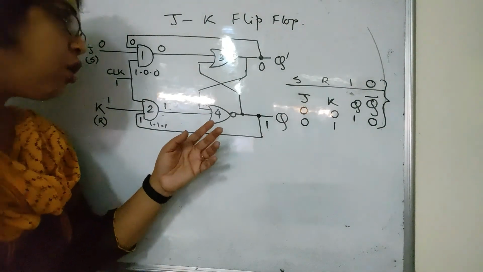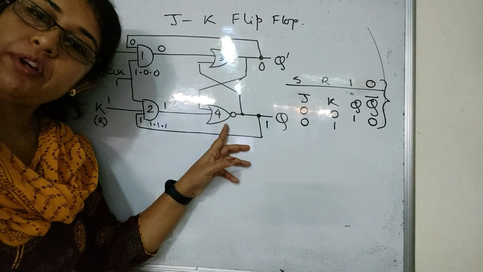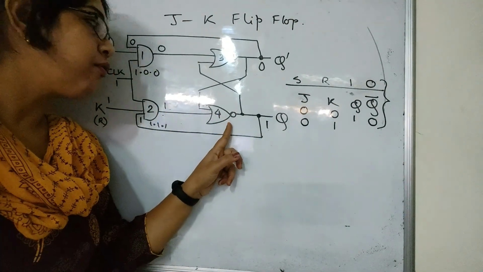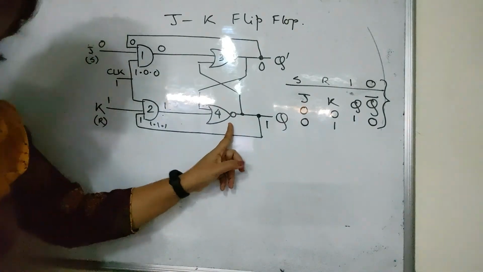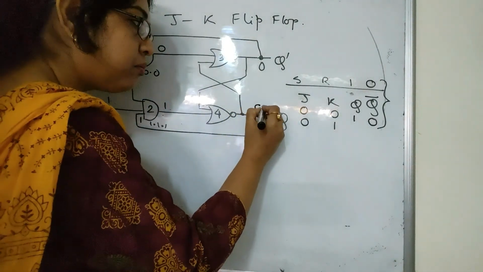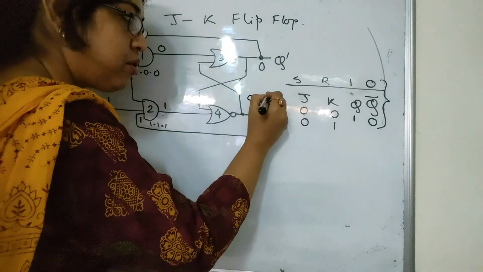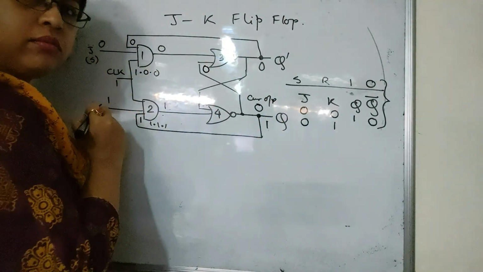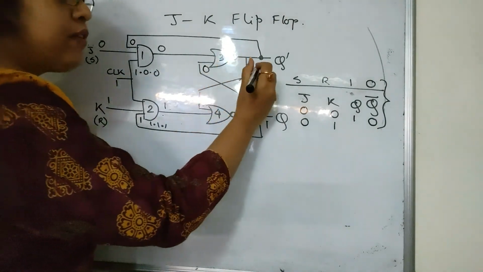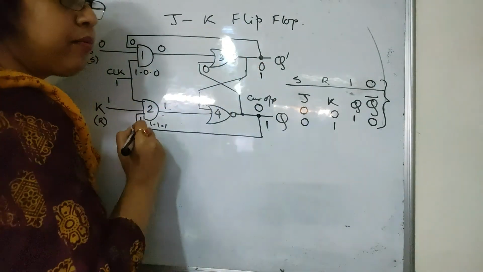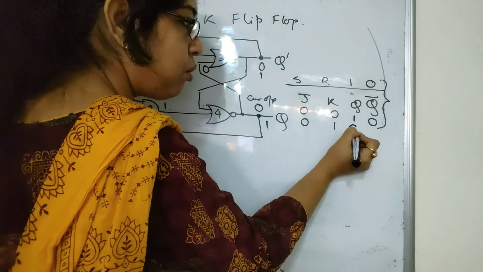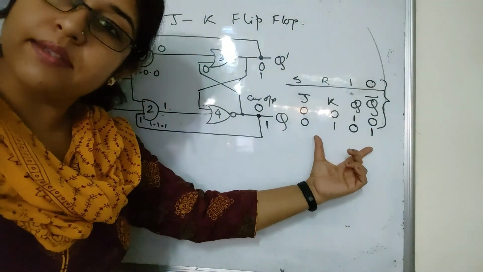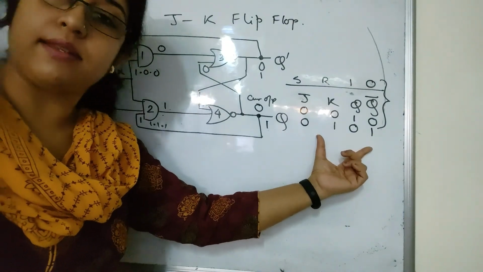So now we will consider NOR gate number 4 first, because that has gotten high input. So output of NOR gate number 4 would be 0. This is the current output. This 0 would be fed over here, and NOR gate number 3 will give us an output of 1. So Q becomes 0, Q dash becomes 1. We get the reset state just like the SR flip-flop.